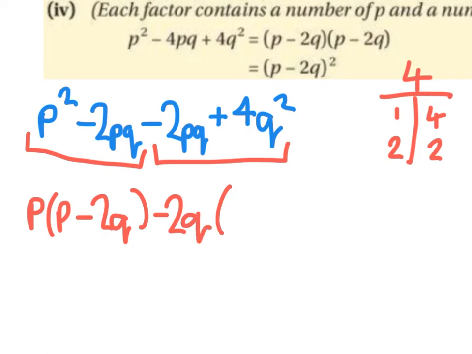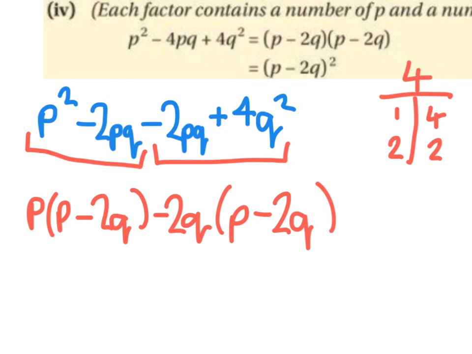Open up my bracket. Minus 2q into minus 2pq leaves me with p. And minus 2q into 4q squared is going to leave me with minus 2q. So I end up having p into p squared leaves me with p. p into minus 2pq leaves me with minus 2q.